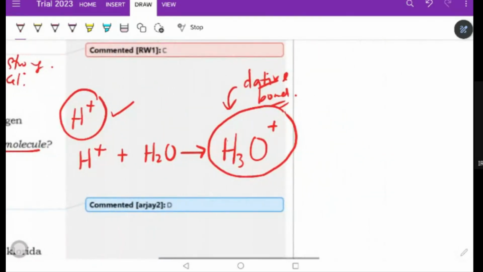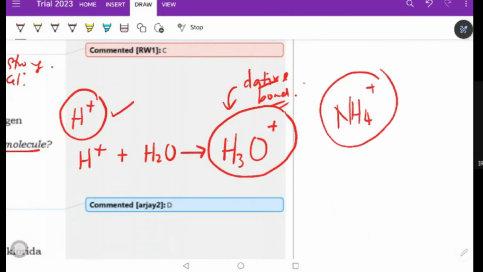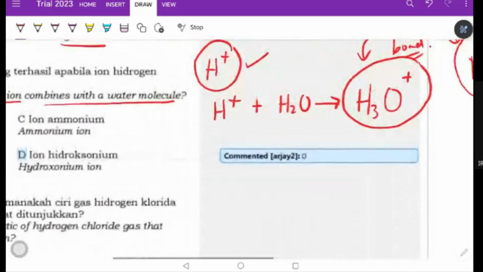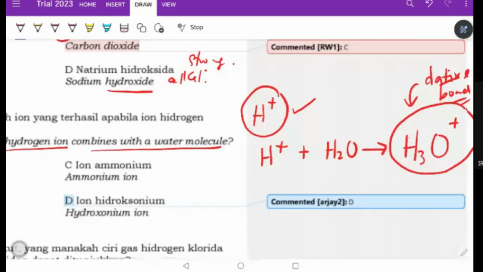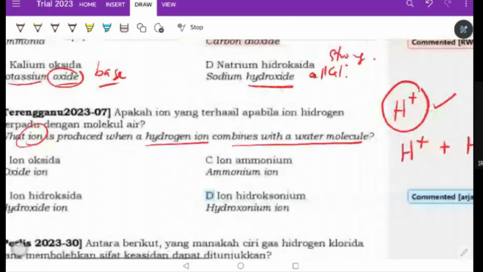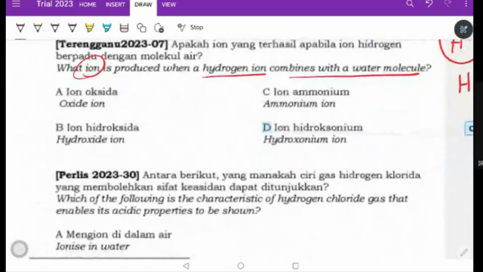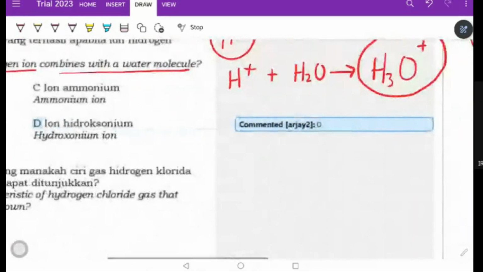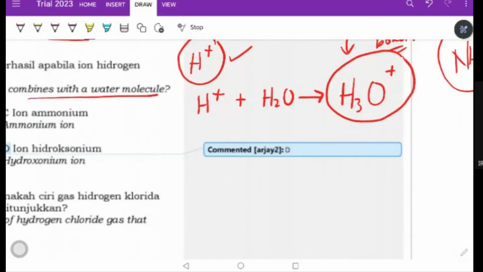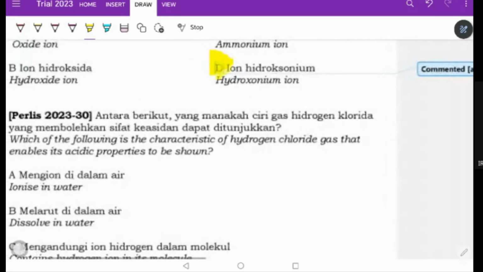One is hydronium, another one is ammonium. Two only. So hydronium is one. This question is not asking you about the bond, it is asking you about the hydronium. You can write this, or you can also write the hydrogen ion, to show the acidic. Okay, so hydronium.